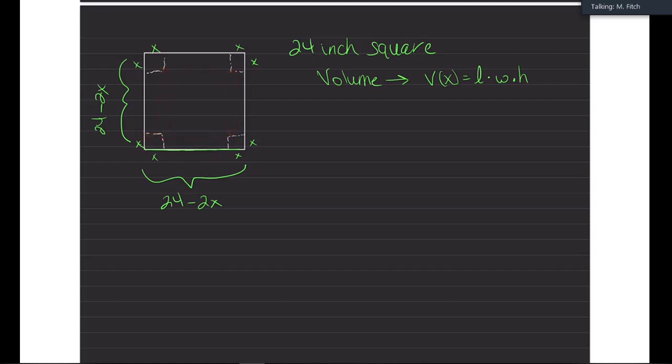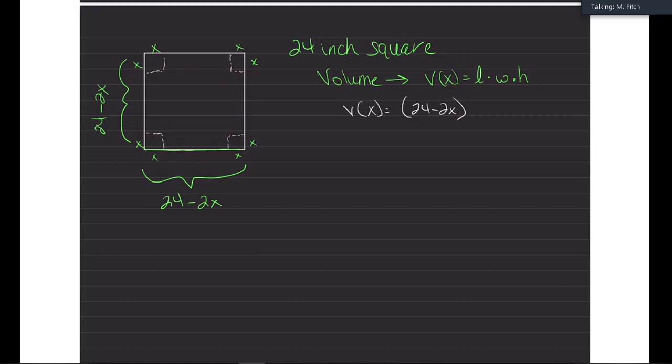So to figure out my formula, my length was 24 minus 2x. So my length was 24 minus 2x.